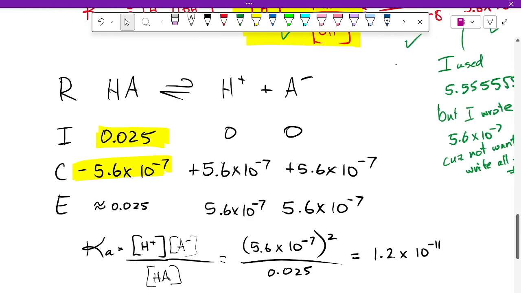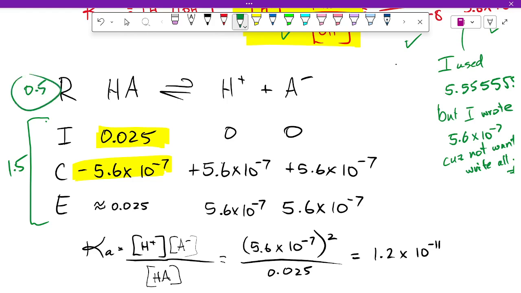You probably get 1.5 marks usually for that part of the ICE table. 0.5 for that. How do I know 5.6 times 10 to the negative 7 is 2 sig figs? It's not 2 sig figs, it's just what it is.